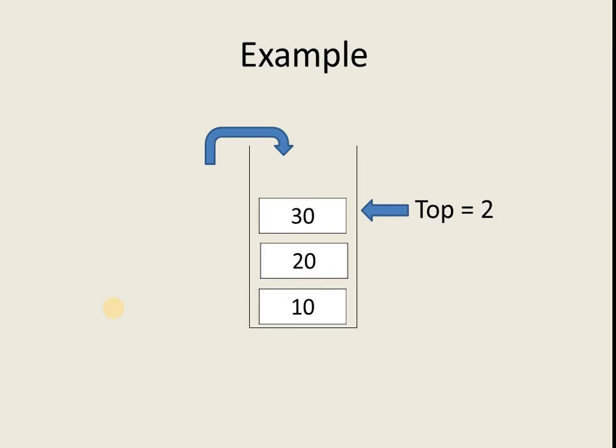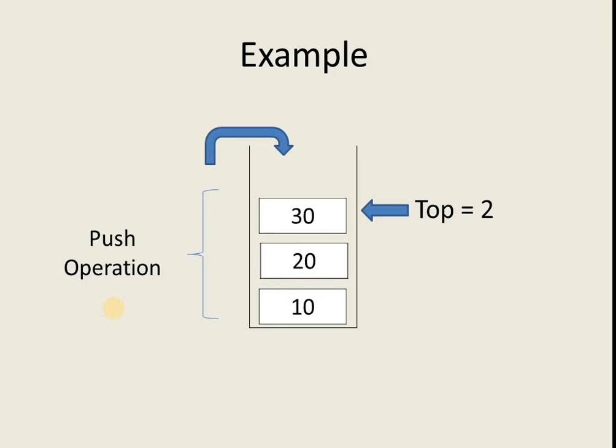This insertion of elements into the stack is called push operation. Using push operation, we can insert element into the stack, and whenever we insert one element into the stack, the top pointer is incremented by 1 and the pointer points to the element which is recently inserted into the stack.